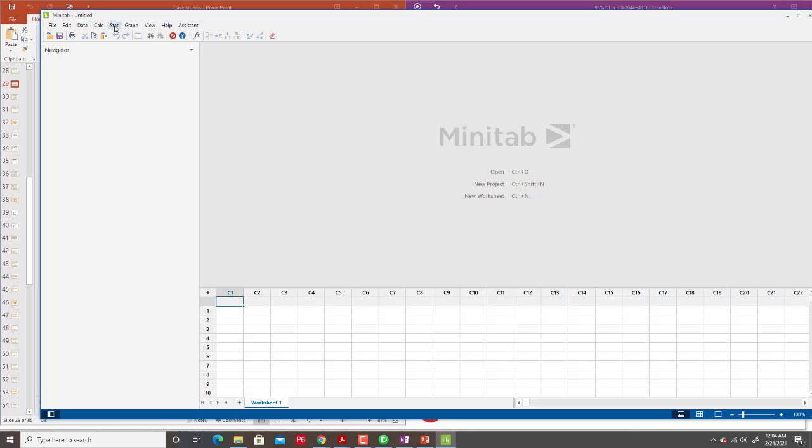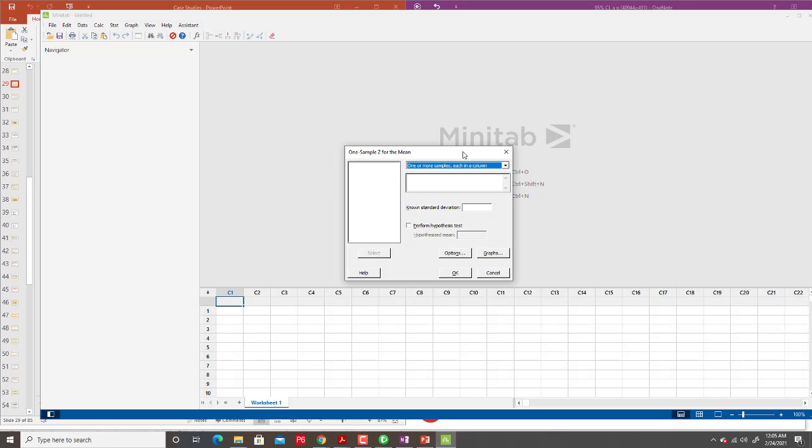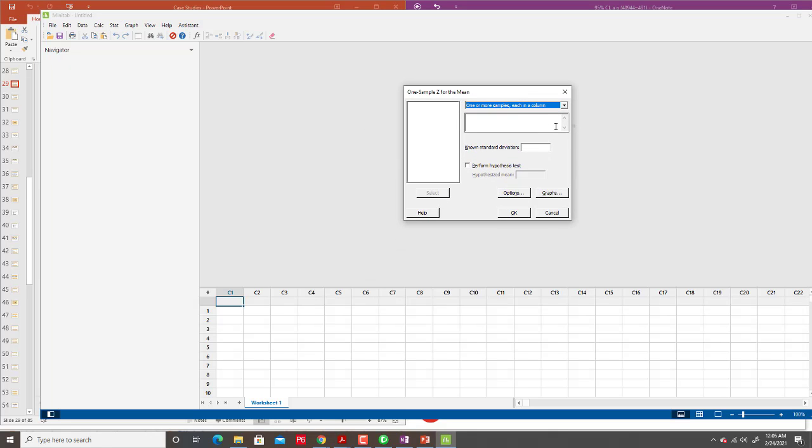Let's look at this. You go to Start, Basic Statistics, One Sample Z, because we are looking at one sample, and Z is because the sample size is large, so the sampling distribution of the mean is normal. We go to summarize data. Our size is 55, and the mean is 45 megawatts, and the standard deviation is 15.5.